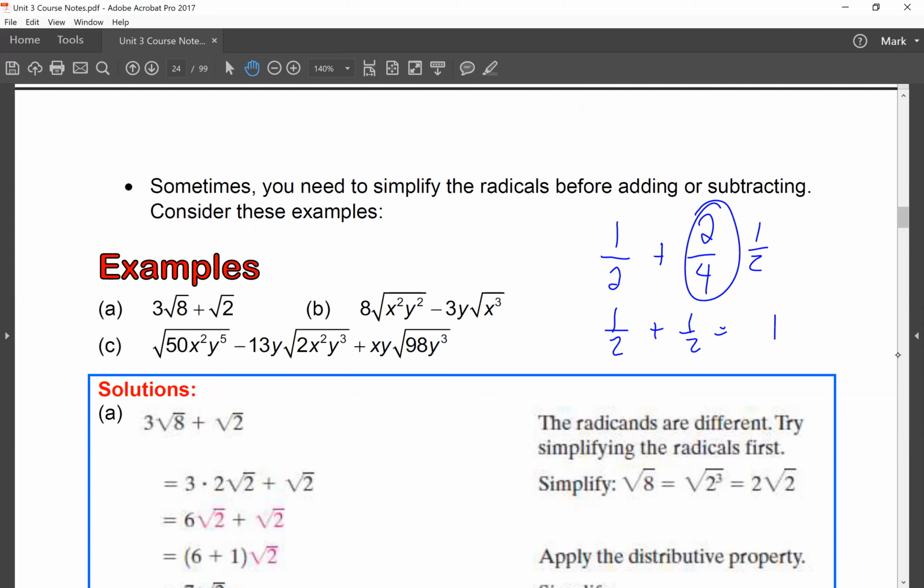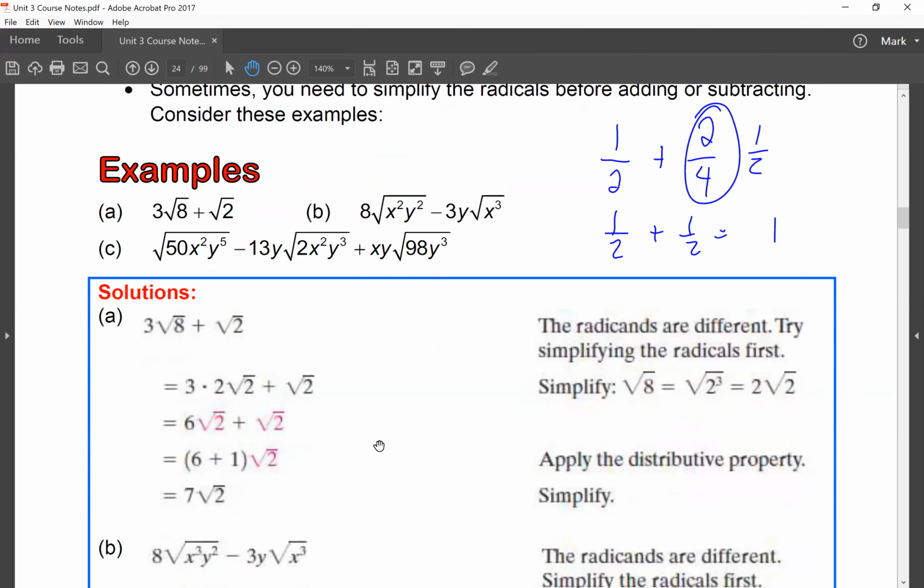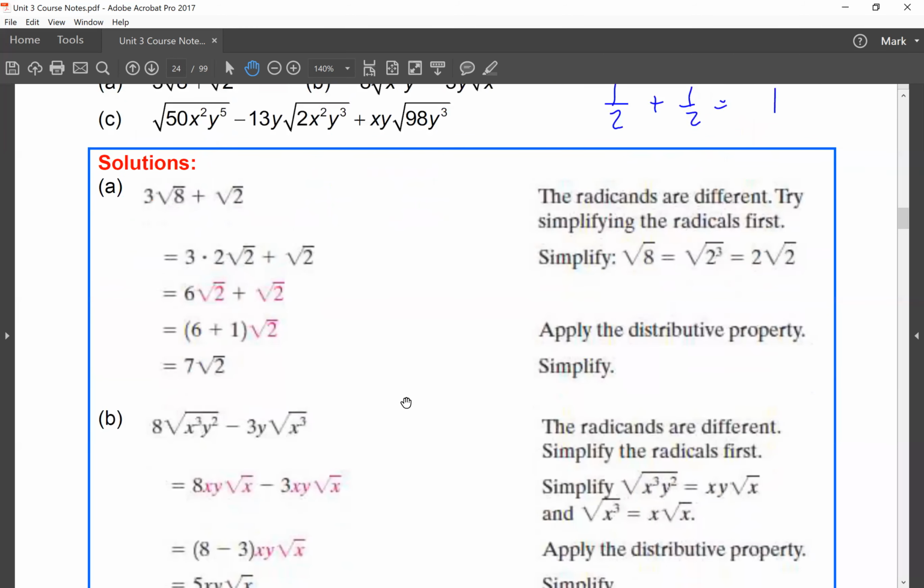If you look at A, B, and C, it might not look like these can be added together, but they actually can. We can add these together if we reduce these radicals, or write them in the simplest form. Looking at number A, you might think there's no way I can add 3 root 8 plus root 2.